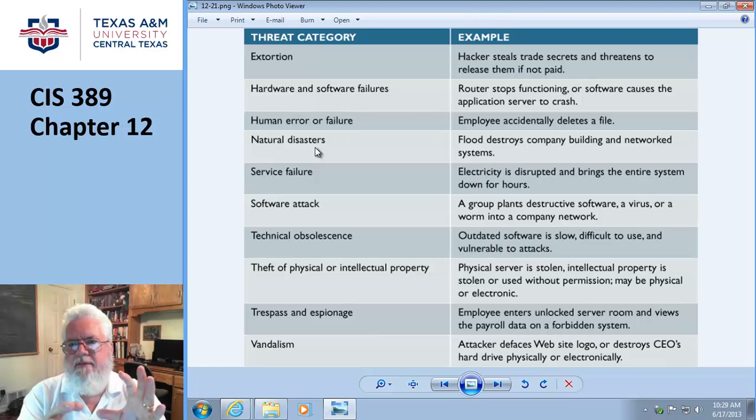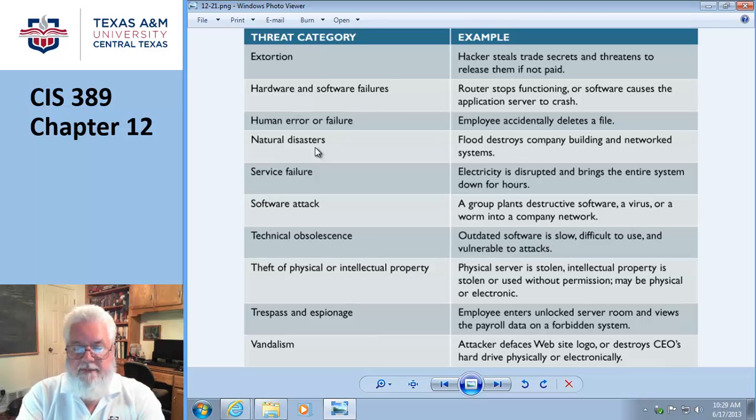It doesn't mean in the system administrator's desk right outside the computer room. We're really talking about in another building, because if there was a fire or a tornado that wiped the building out, you could still have some data backed up someplace else. So, natural disasters.